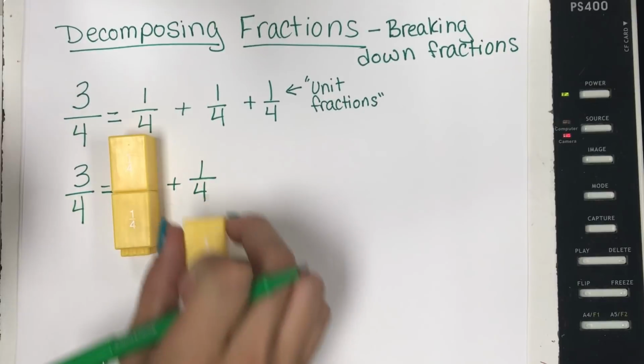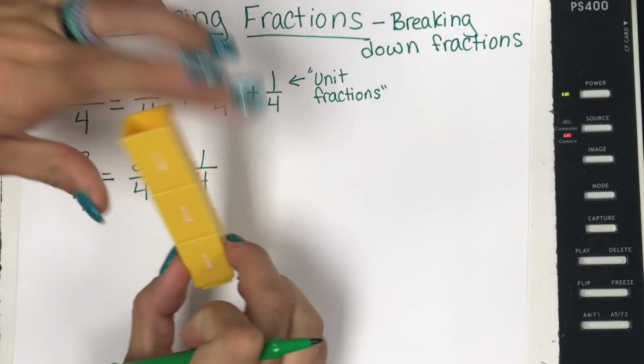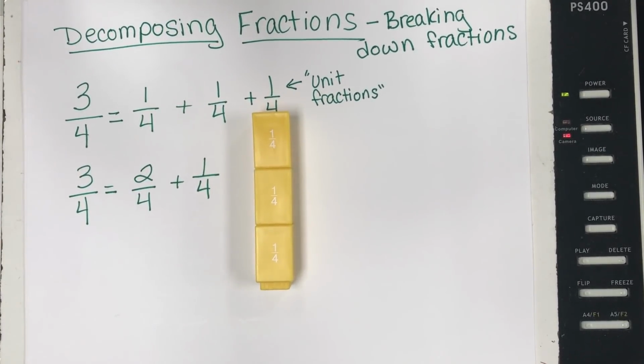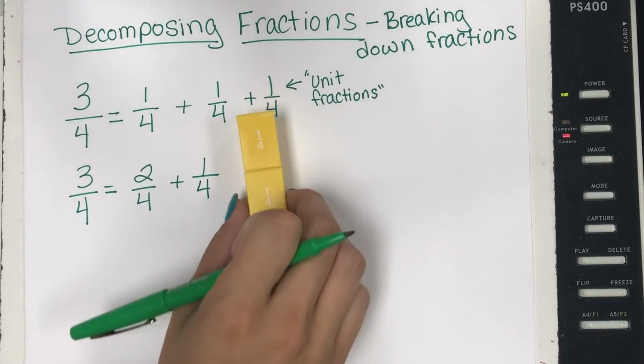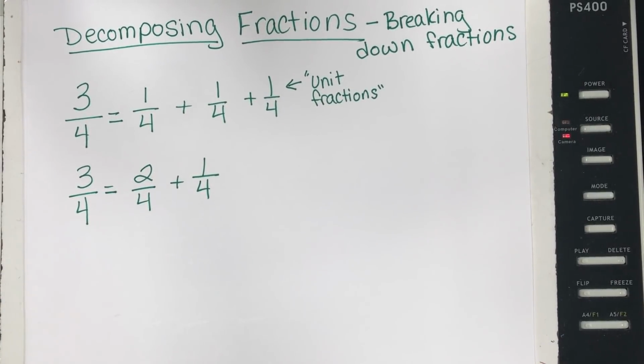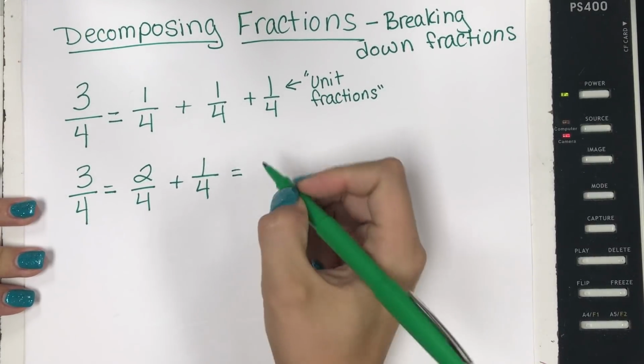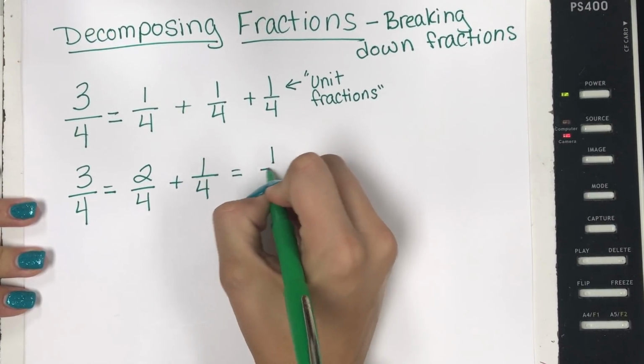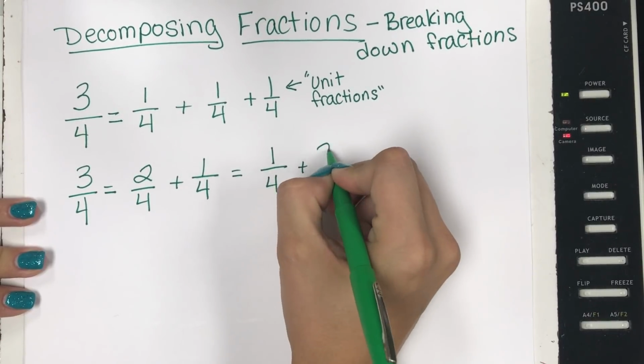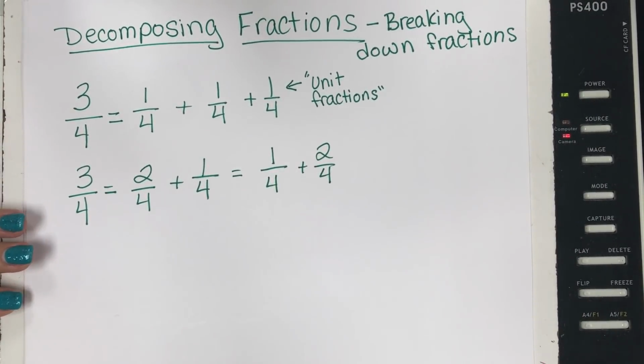I have 2/4 here and 1/4 here. I stick them back together, and I still have 3/4. Now, also remember that you have your commutative property for addition, so it would be the same thing. You could also say 1/4 plus 2/4. Those are all ways that you could make 3/4.